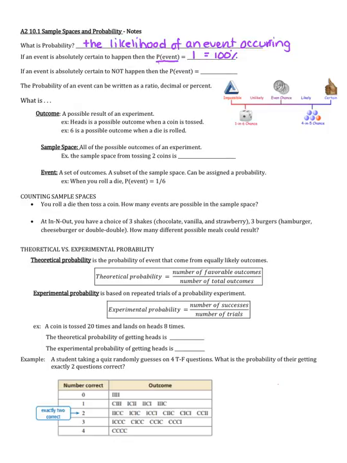If an event is absolutely certain to not happen, then the probability of that event equals 0. So you can try and think of something that's absolutely certain or absolutely certain not to happen. Those are the extremes. Everything else is going to lie somewhere in between, which is why it turns into a decimal, a ratio, or a percent.